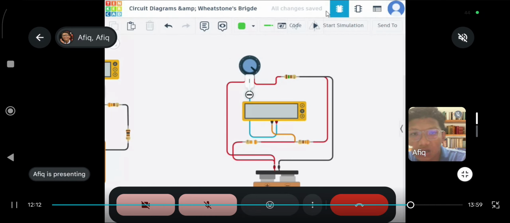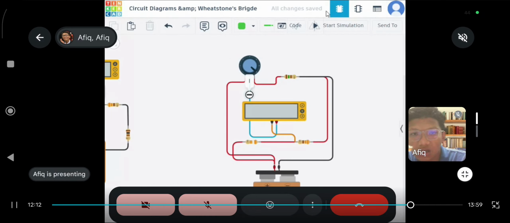Looking closely at our center measurement indicator meter, it registers exactly 0.00 ampere. This provides undeniable proof that our manual calculations and our simulated bridge model are in perfect alignment.